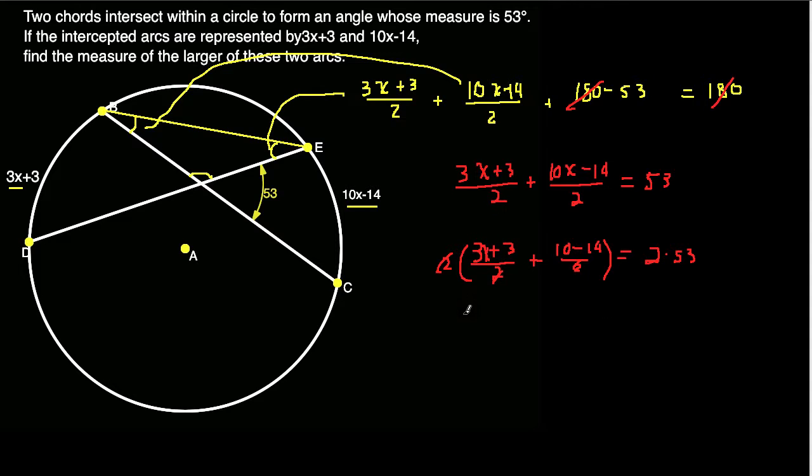I now have 3x plus 3 plus 10x, oh I forgot the x here too, 10x minus 14 equals 2 times 53, which is 106. 3x plus 10x is 13x. 3 plus a negative 14 is negative 11.